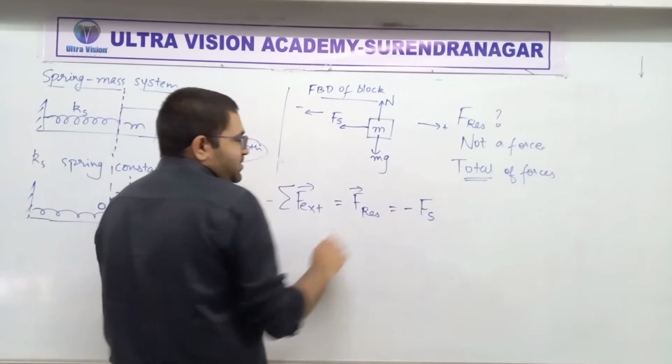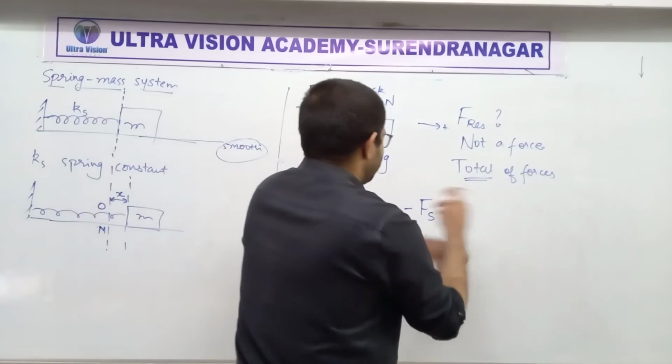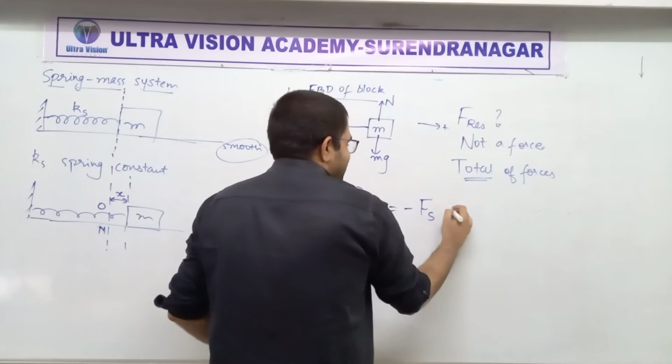Fs is only magnitude, right? Clear? Sigma F external equals minus Fs. Clear or not clear, everyone? Correct? Or did you think it is too trivial or too simple? Okay, fine. Sorry, never mind.